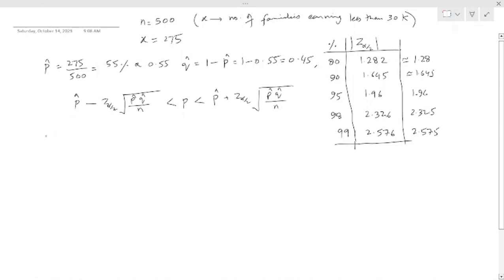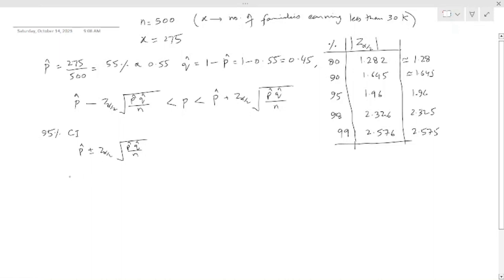Now let's suppose we are asked to construct a 95% CI, and I'm going to use this formula in a shortcut way, that is p cap plus minus z alpha by 2 times square root of p cap q cap divided by n.